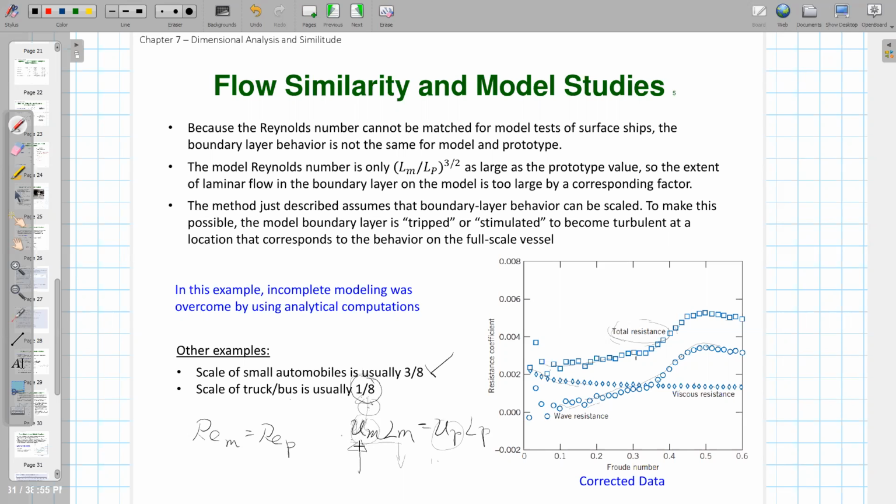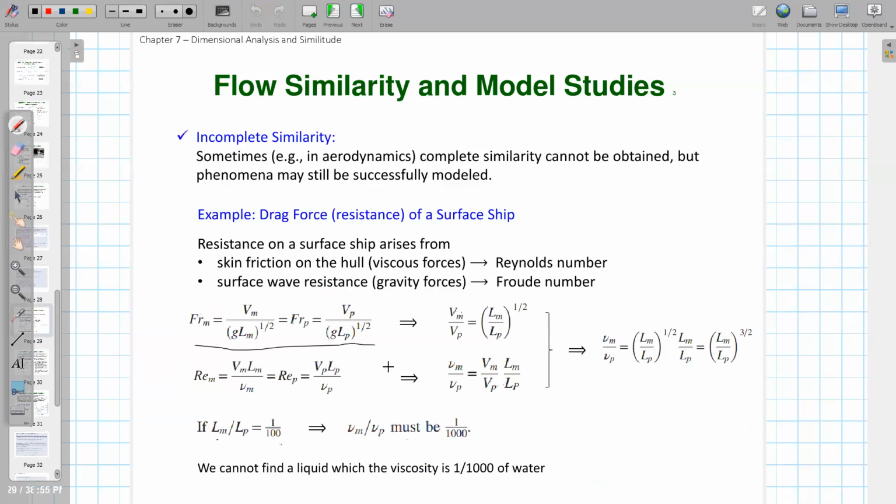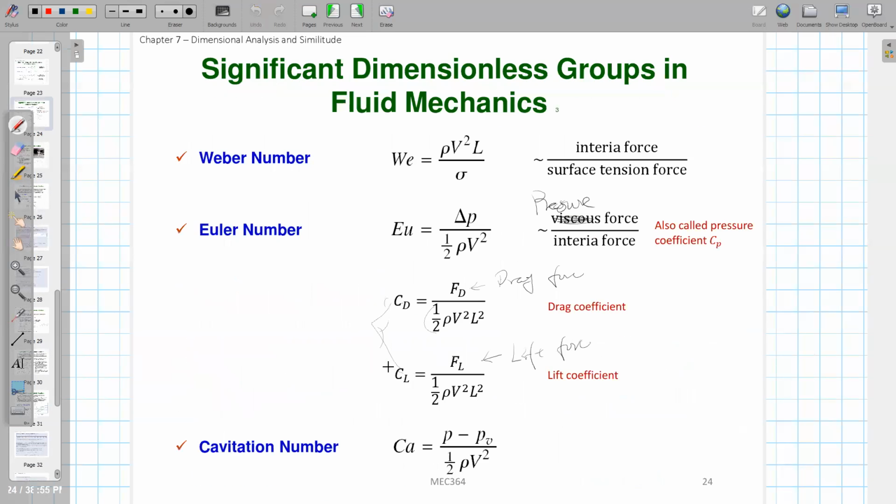And when this U_m becomes very large, remember the Mach number, the local Mach number may be larger than 0.3, so the problem will go from incompressible to compressible, so that you cannot achieve that flow similarity. You remember that we have the three similarity criteria we want to meet, right?